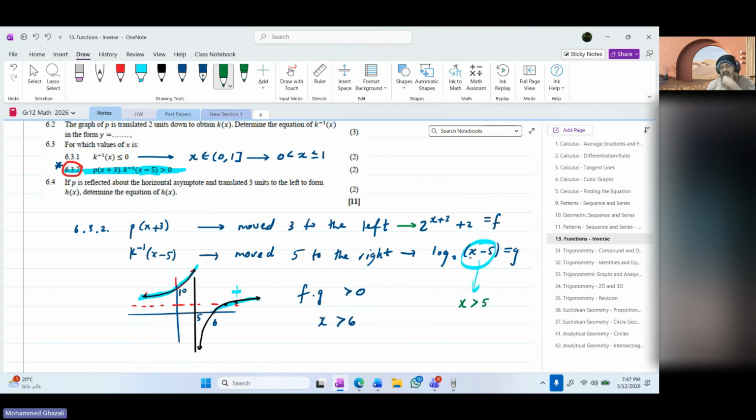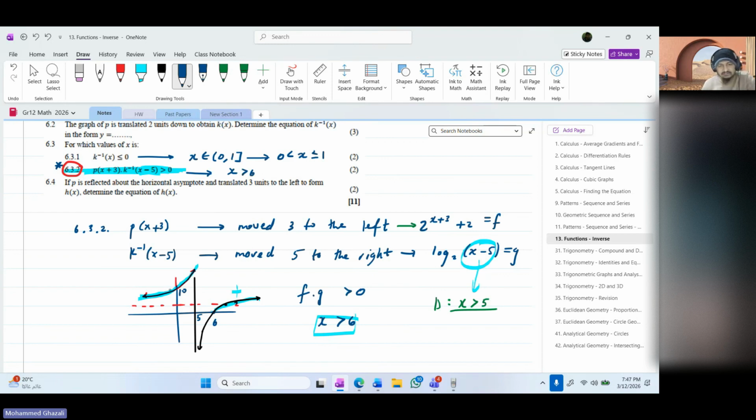That's the domain of this function here. If I take any value between 5 and 6, it's going to be negative. I don't want a negative answer; I only want a positive answer. So this is my answer to this problem. What's the answer here? x is greater than 6. A little bit difficult, all right?